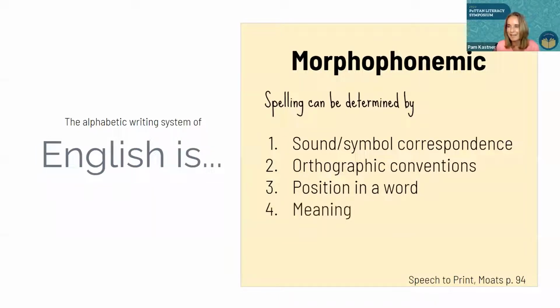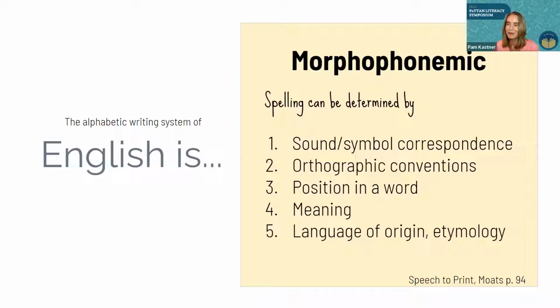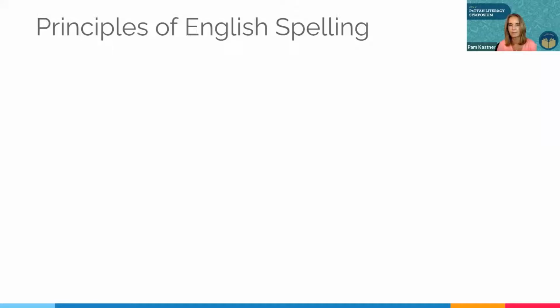And we spell by meaning, as you saw in the word jumped, we had 2 morphemes. And the language of origin, its etymology, where the word originated from, will also influence how we spell it, right? So we are a robust melting pot English language. We've borrowed from many, many languages, and that will also influence how we spell words. So those are the 5 principles.